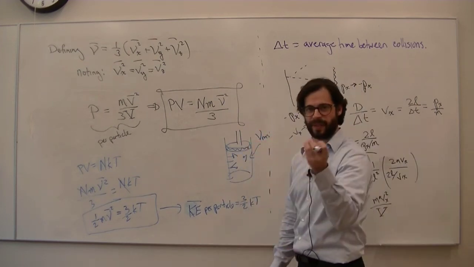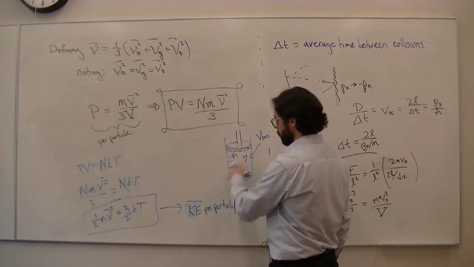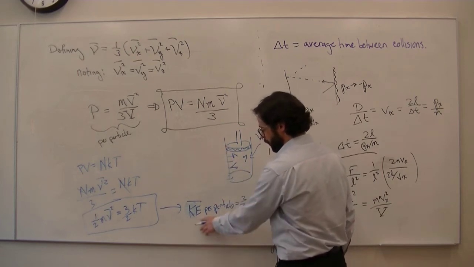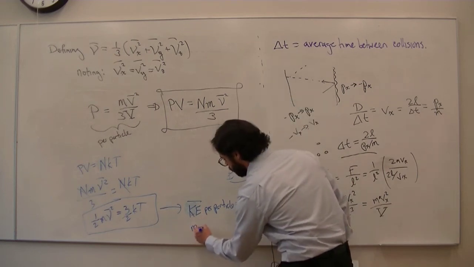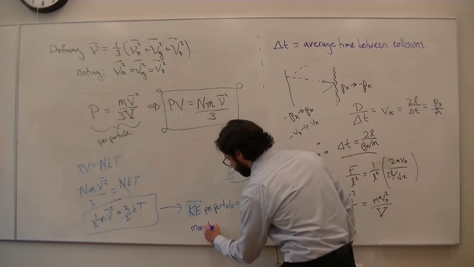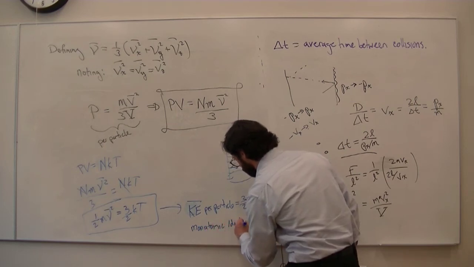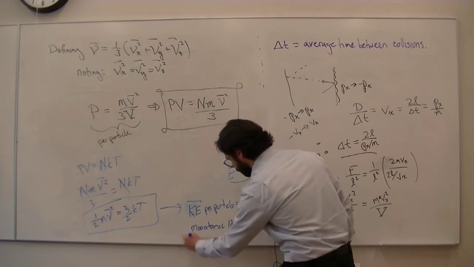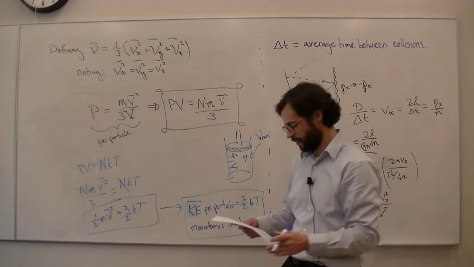So these were structureless point particles that bounced off of ideal walls. We'll keep the ideal walls, but we might actually be interested in things that aren't ideal point particles. And this has a name. This is for the monatomic ideal gas, which is to say basically infinitely small, perfect billiard balls like the ones I showed you in the demo.